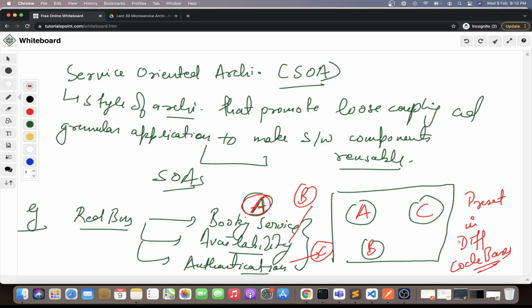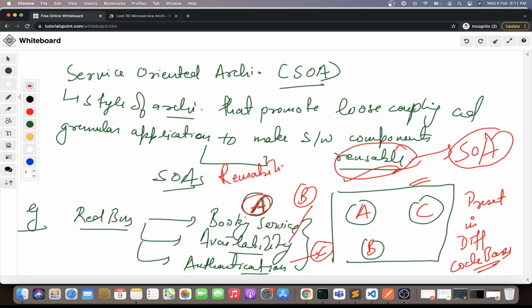Cool. So this kind of architecture is what an SOA is. Let me just quickly summarize things. So SOAs mainly focus on the reusability feature.